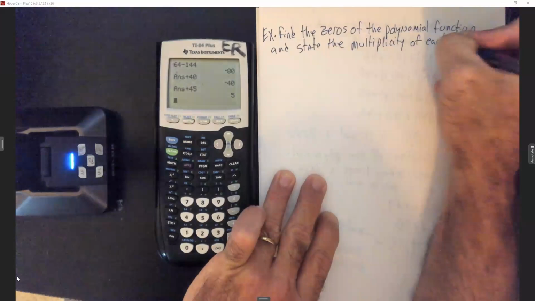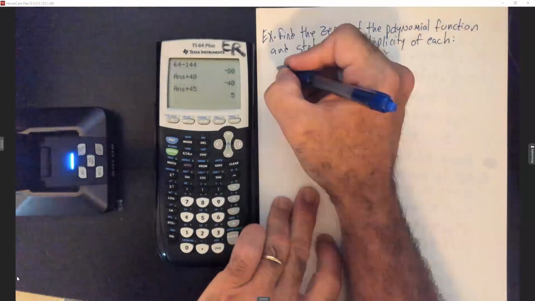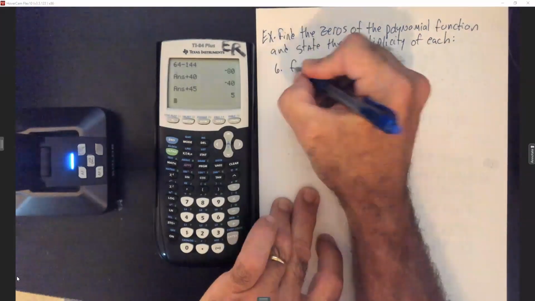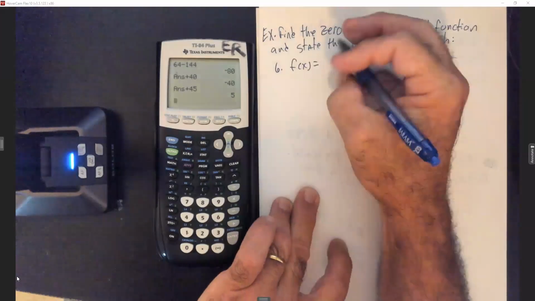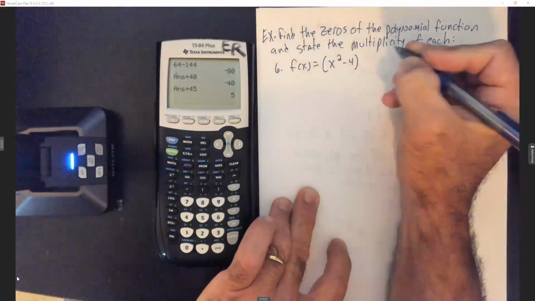All right, so that's, y'all, this one starts at about number 6. And it says f of x equals x squared minus 4 to the 4th power.